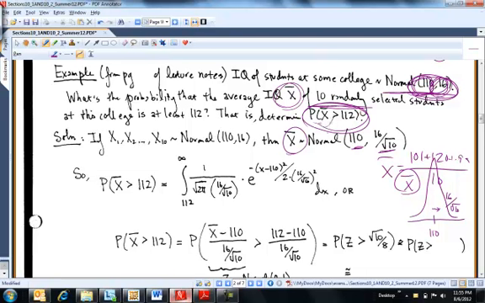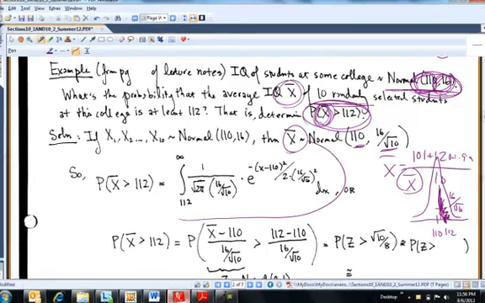Again, this is a random variable, because every set of 10 students we take, we're going to get a different x bar. So this is the graph of all the x bars. What's the probability that those students are 112 or more? I imagine it's in that part of the tail.